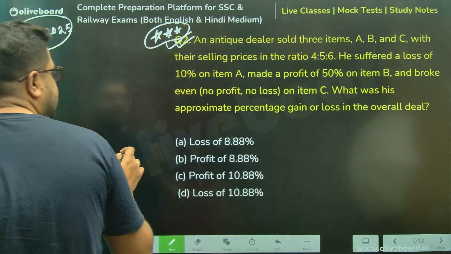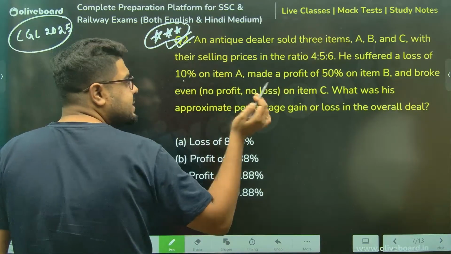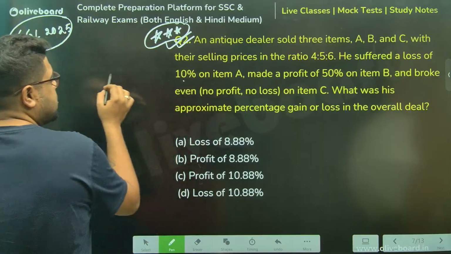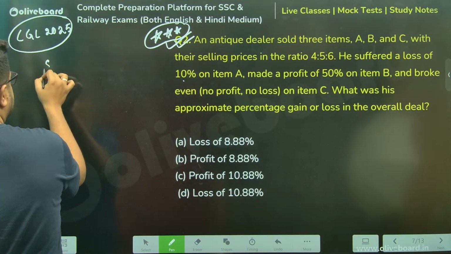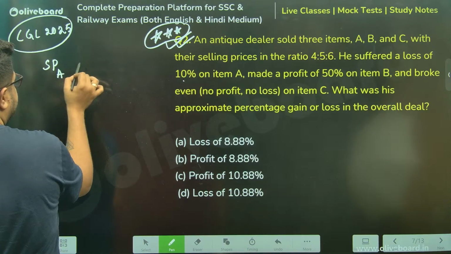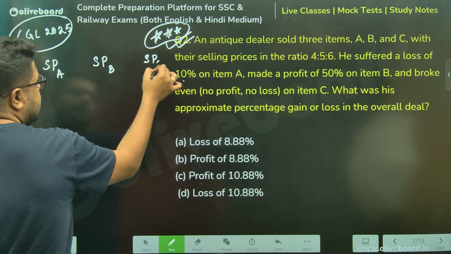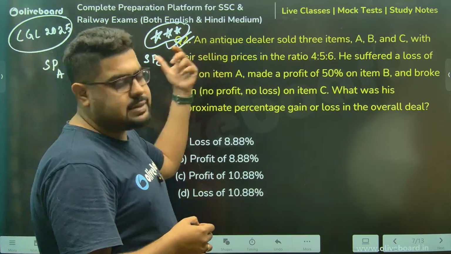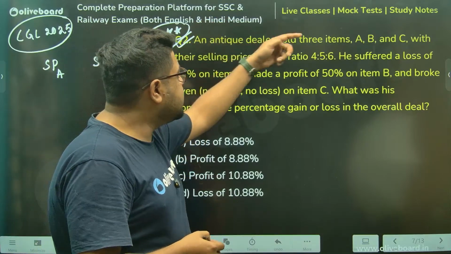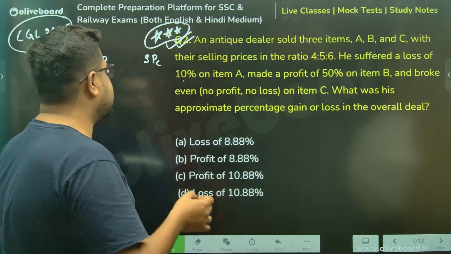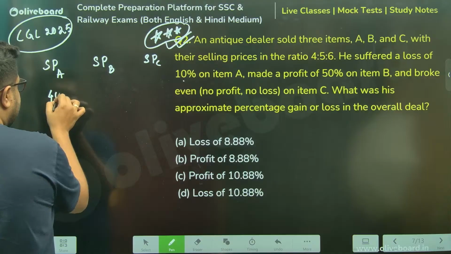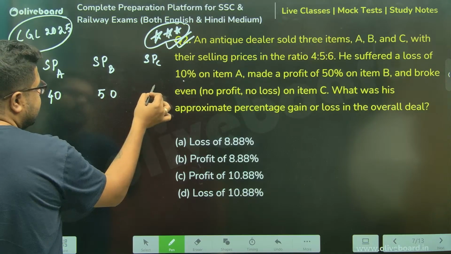Sir, what I'm doing, 10%, 50%, these are all very good values. So, selling price: SP of A, SP of B, and SP of C. This ratio has been given. Sold 3 items with their selling prices in this ratio 4, 5, 6. So what I'm taking, 40, 50, 60.